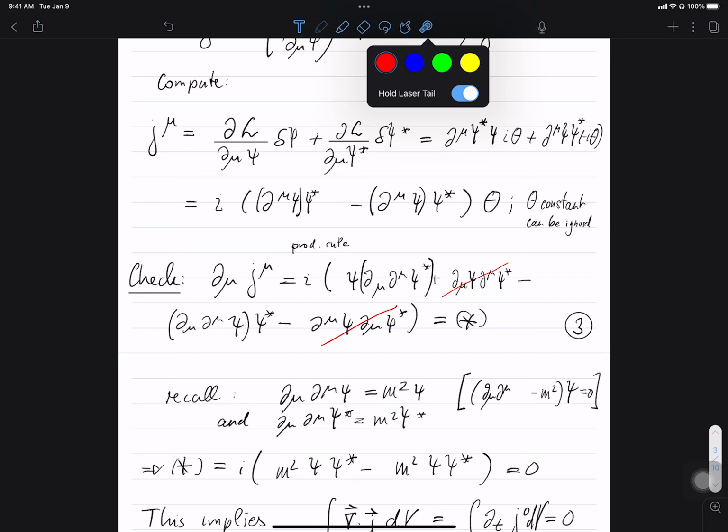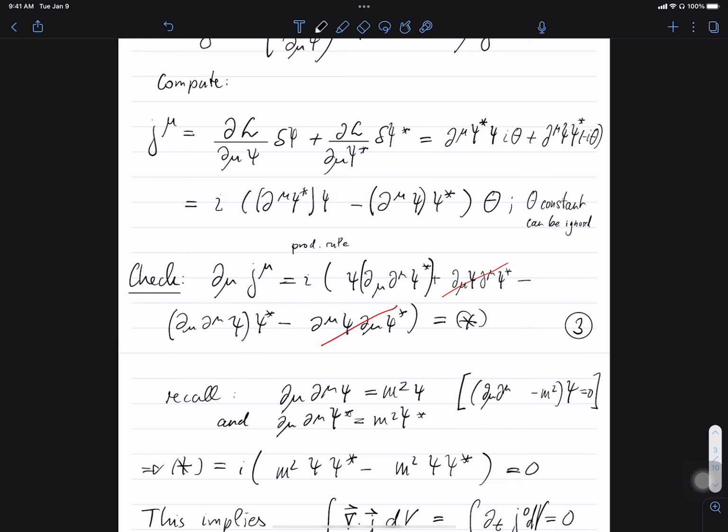Let me check. So this is correct, but this star, I apologize, we have a live update. This star has to live on this derivative operator. Yes, the bracket was misplaced. Apologize for that.